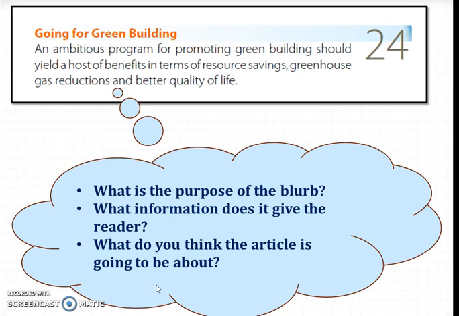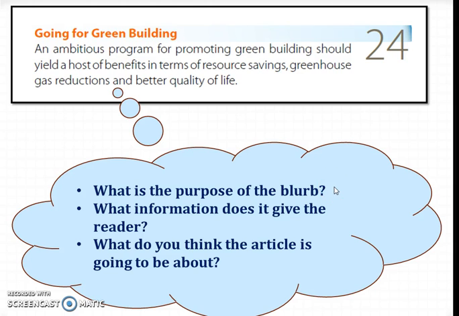So if we take an example, Going for Green Building, and here we have the blurb. An ambitious program for promoting green building should give a host of benefits in terms of resource savings, greenhouse gas reductions, and better quality of life. When you read the blurb, this is what you should think of. What's its purpose?